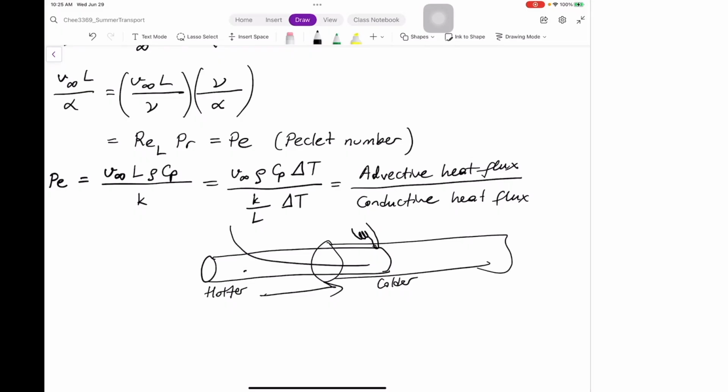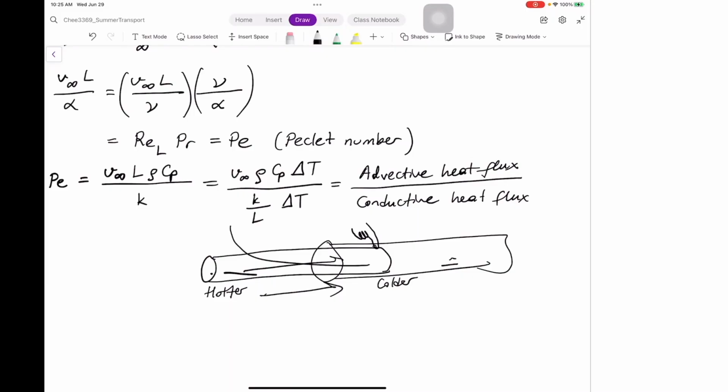But meanwhile, the conduction also is taking place. So it's a matter of which one is going faster. Am I moving this object faster? Is the heat being transferred mostly just because I'm moving this object faster? That's the advective heat flux. Or is it because the material is so conductive that I can just feel the conduction?